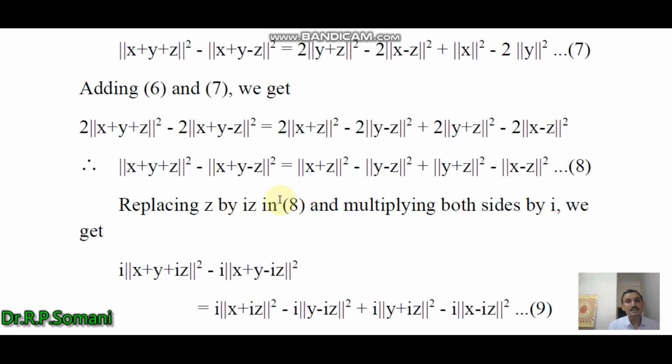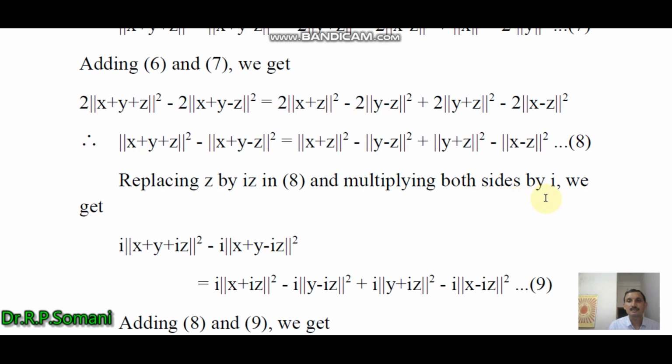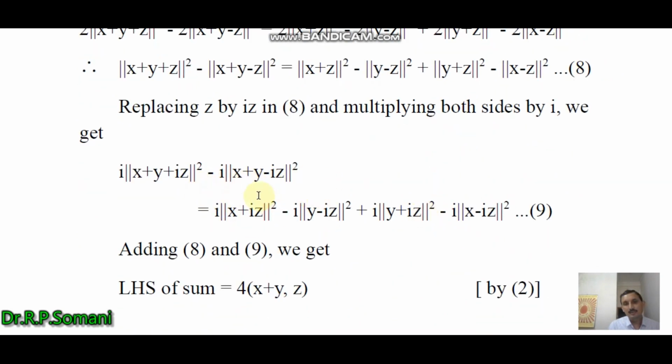Now we replace z by iota z in 8 and multiplying both the sides by iota, we obtain this, and we denote this as equation number 9.